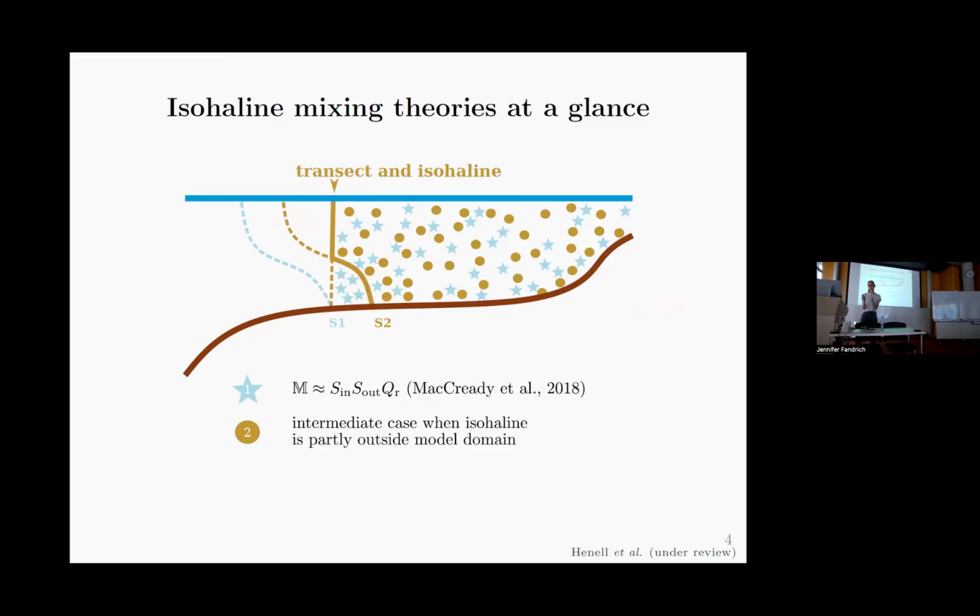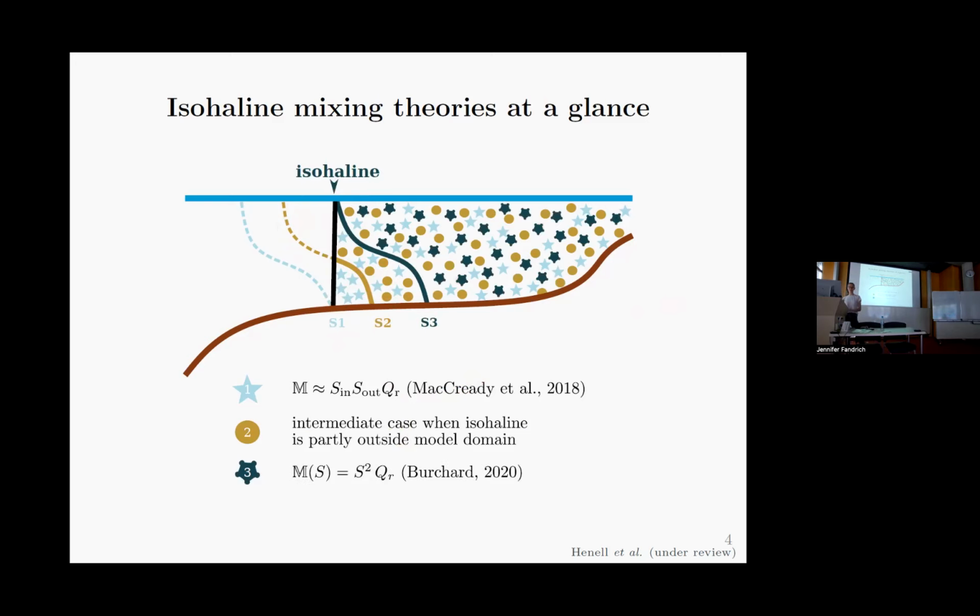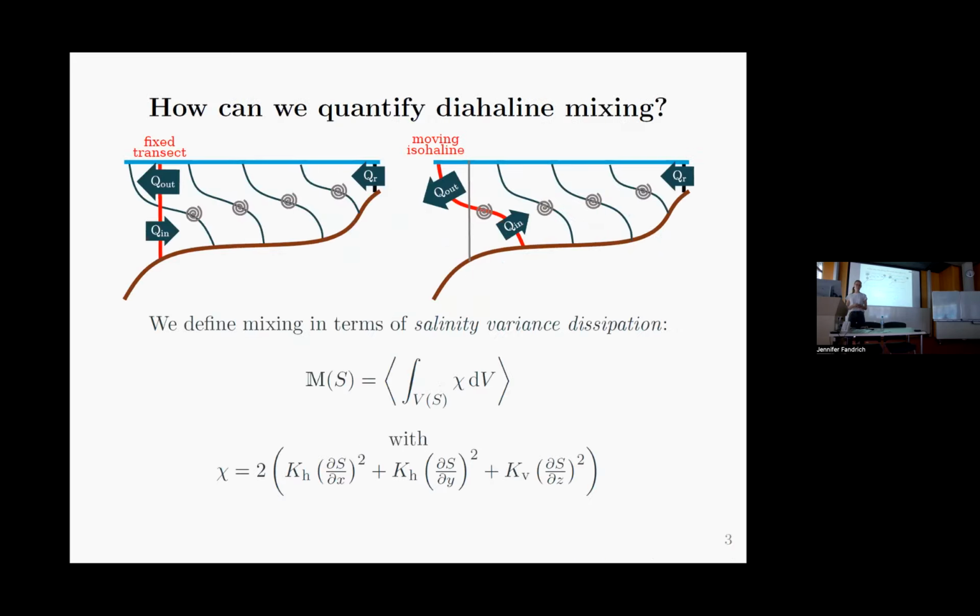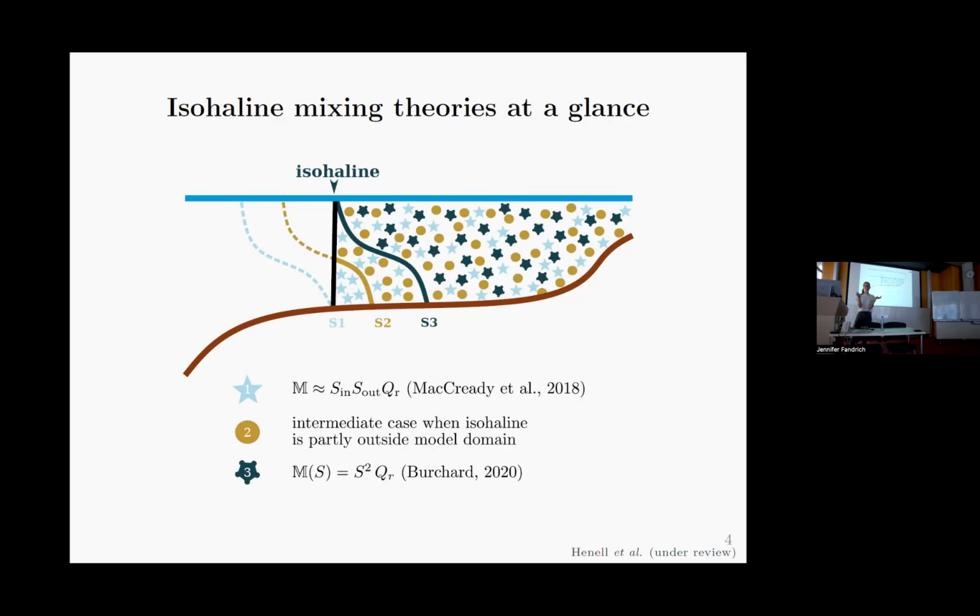Then we have this intermediate case where none of these two formulas exactly fit. But this other formula was derived a bit later, by Hans Burchard in 2020, when we bound the estuarine volume by an isohaline instead of a transect. So this is going from the two slides here, from this general view to how we actually quantify it in terms of an equation.